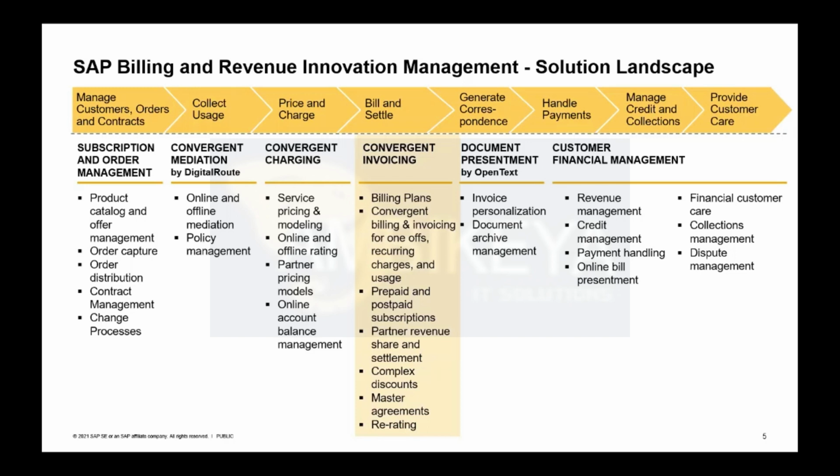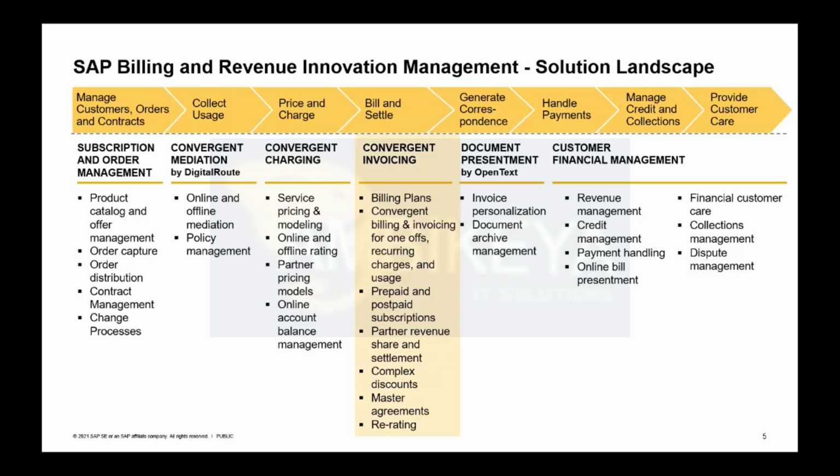Additionally, we are able in Convergent Invoicing to handle billing plans. The billing plans also have the possibility to create recurring charges. And we then handle prepaid and postpaid subscriptions.